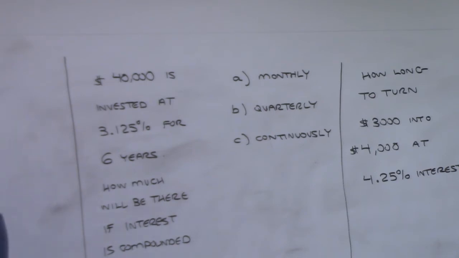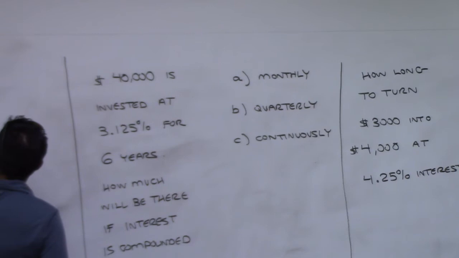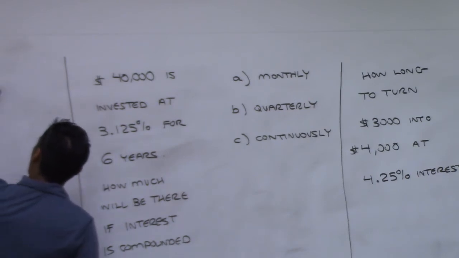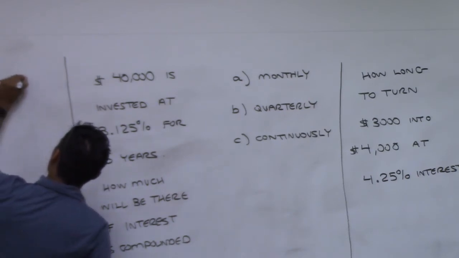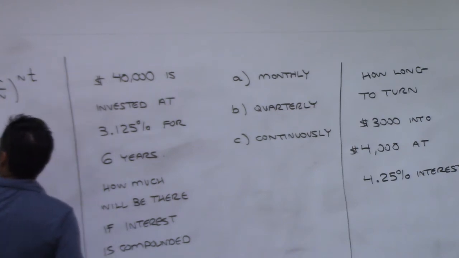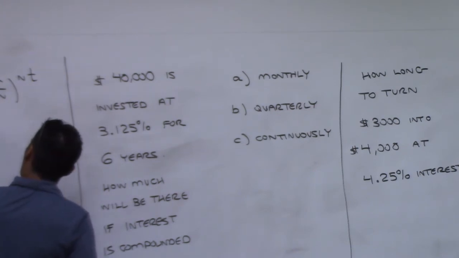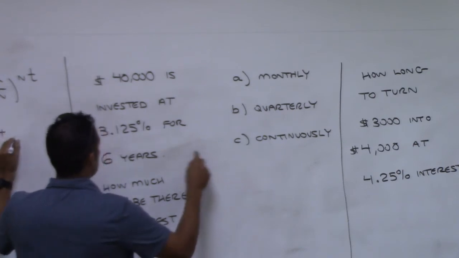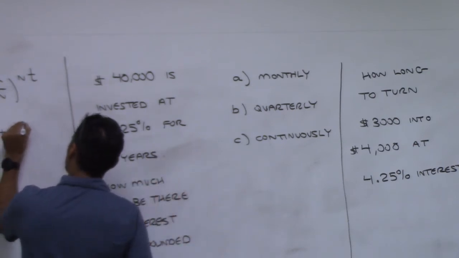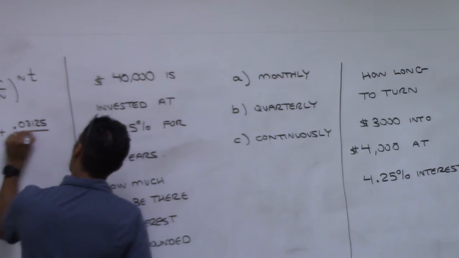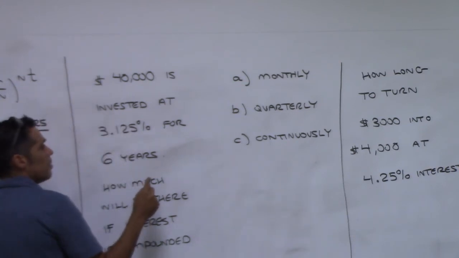So for part A, I'm using the formula A equals P times (1 plus r over n) to the n times t. A equals 40,000 times (1 plus the interest rate converted to a decimal, over the number of times compounded per year).